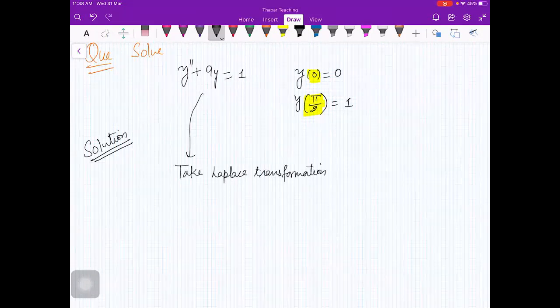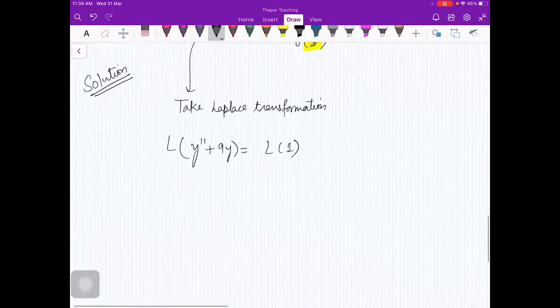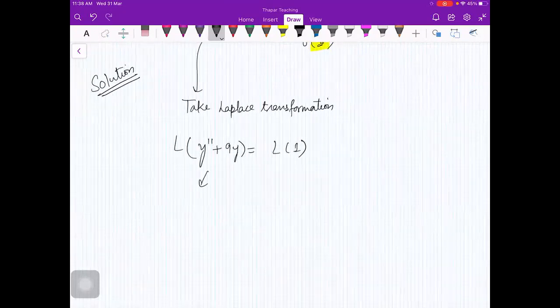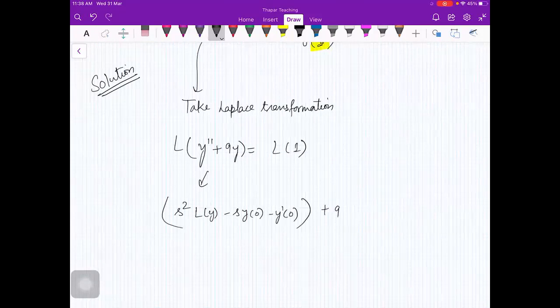So you will get L of y double dash plus 9y is equal to L of 1. So this is s square L of y minus s y of 0 minus y dash 0 plus 9 L of y is equal to L of 1, which is 1 by s.